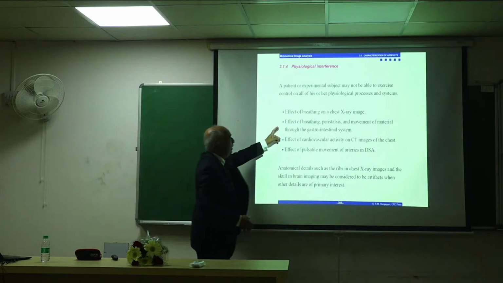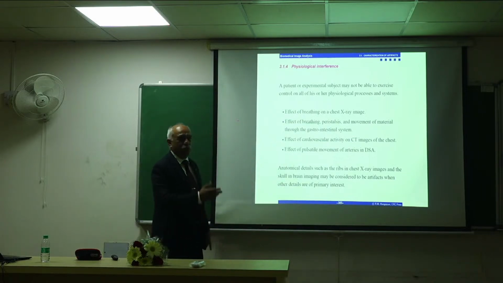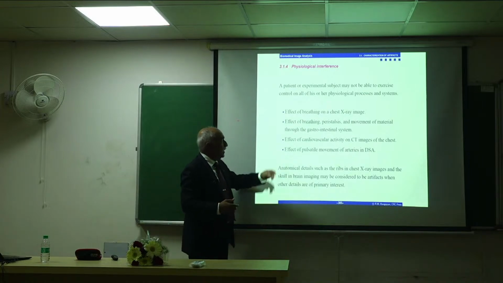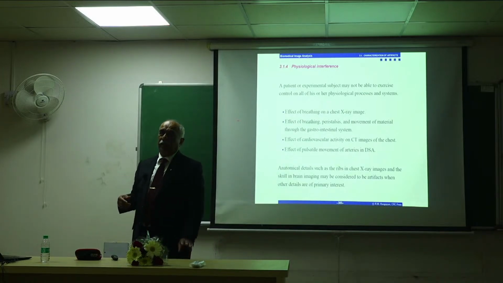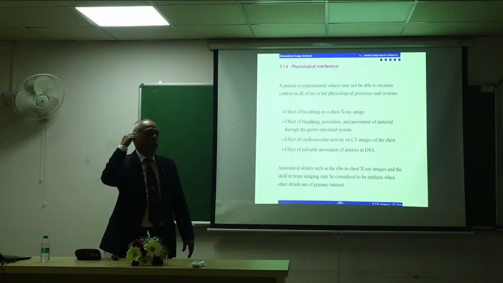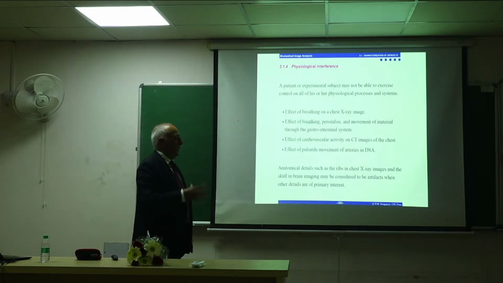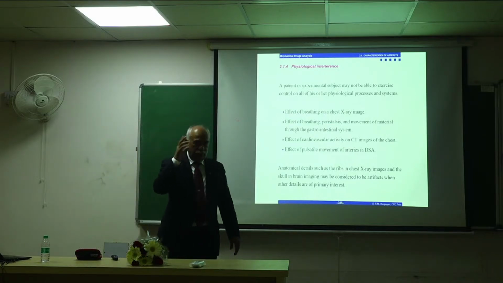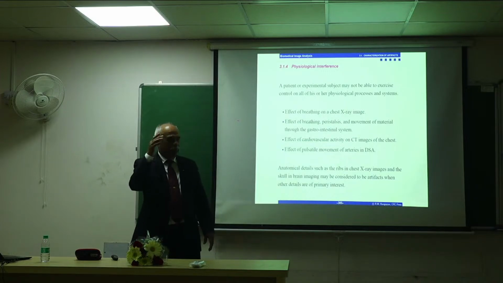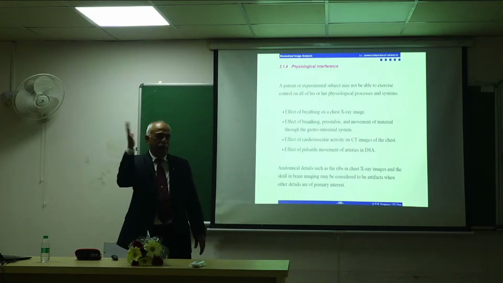Effect of breathing, peristalsis, movement of material through the gastrointestinal system, effect of cardiovascular activity on various types of images, CT, MR, effect of pulsatile movement of arteries and digital subtraction angiography. When you want to take an image of the blood vessels in the brain, then with digital subtraction angiography, I'll show you that later on, you take a reference image and then the live image and subtract.